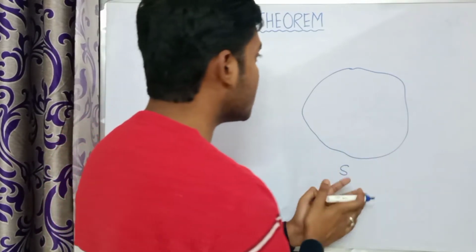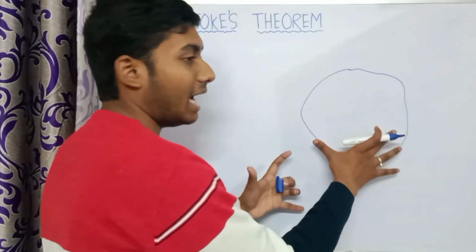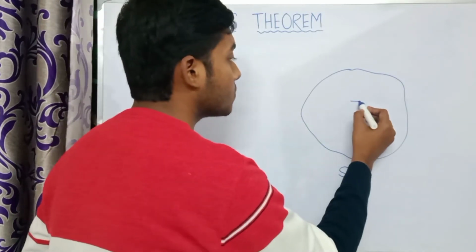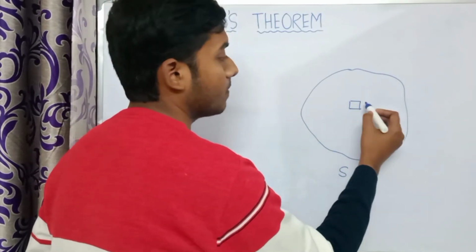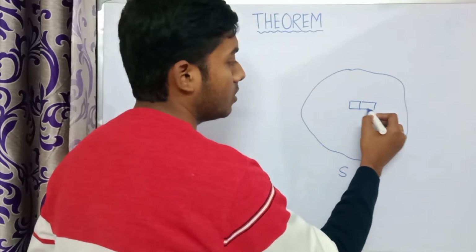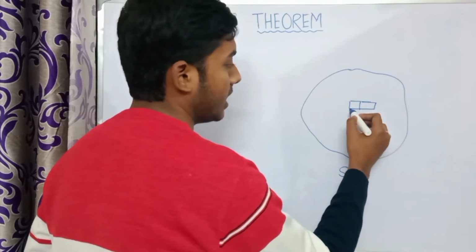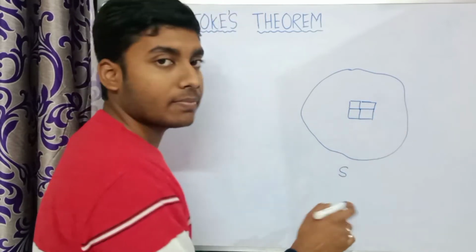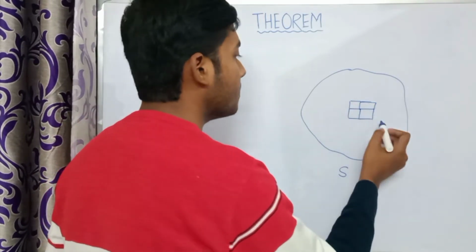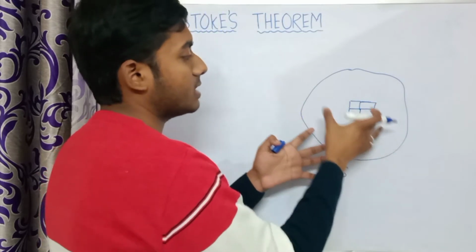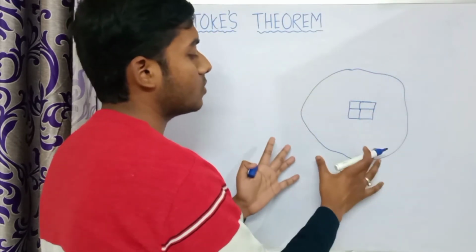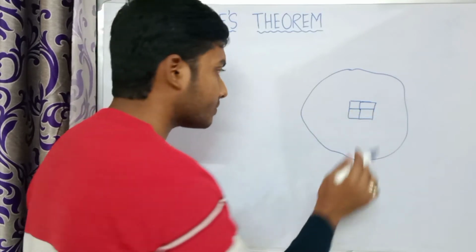Now we can divide this surface into a large number of small loops like this. If we continue likewise, we can complete the total surface.